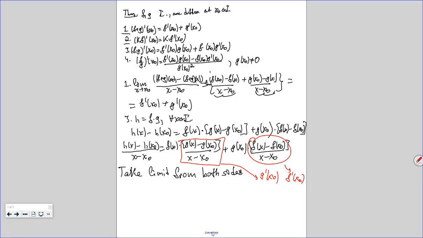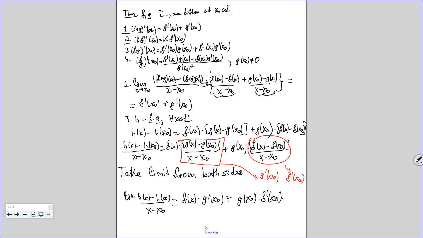Then we can write that the limit of (h(x) minus h(x0)) over x minus x0 is equal to f(x) times g prime x0 plus g(x0) times f prime x0, which is what was needed to prove.